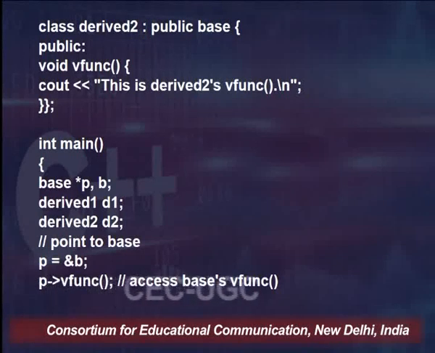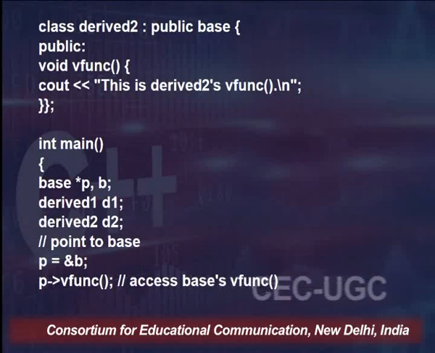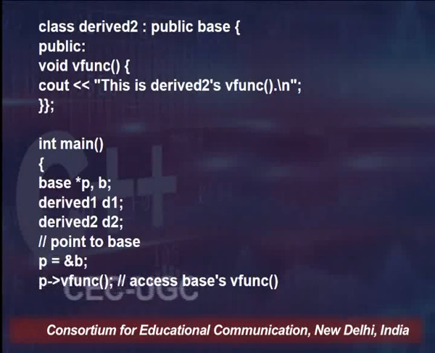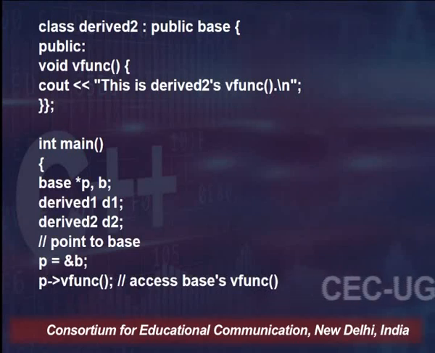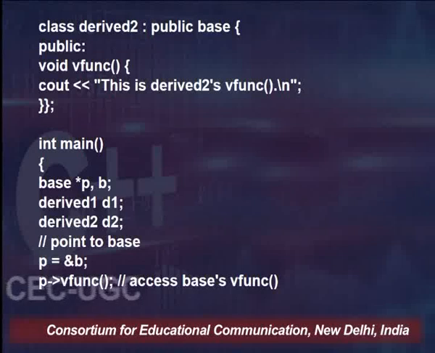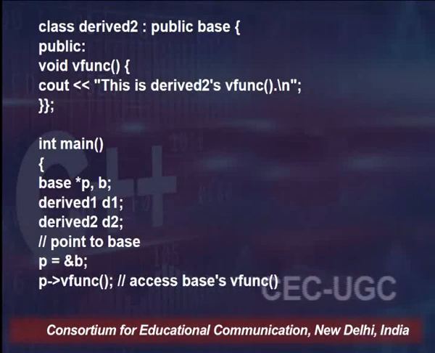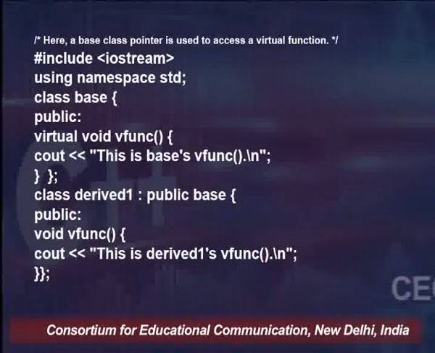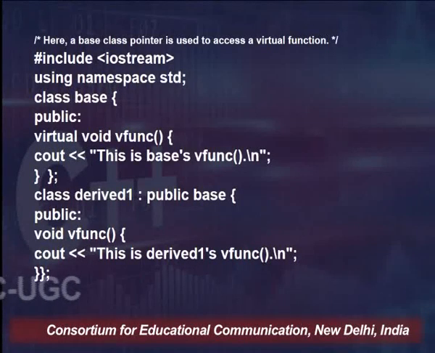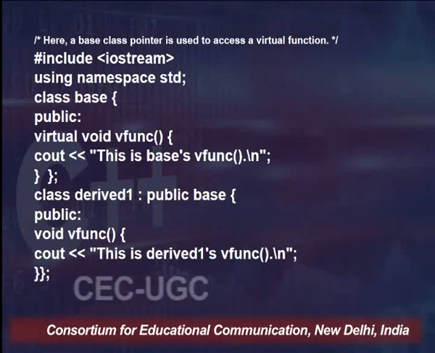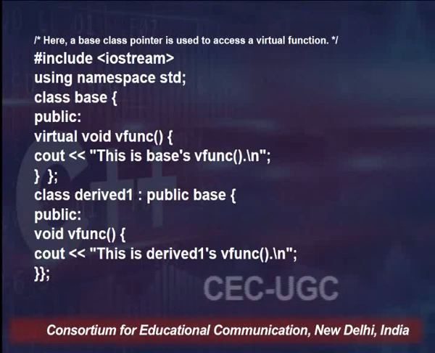So in the class definitions we have taken three definitions: class base, derived class 1, and derived class 2. Derived 1 and derived 2 inherit the base class, which is their parent class, and we have defined vfunc for all three classes.